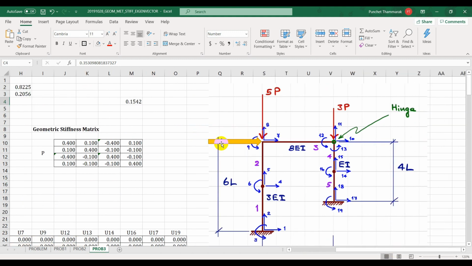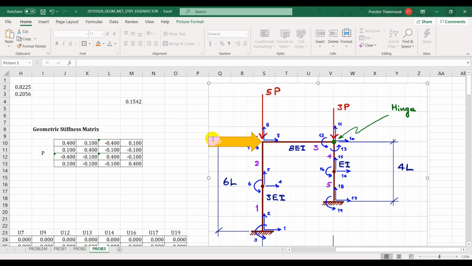We can put this load, and it should be given as a fraction of P. So may I just make it 0.1 P.